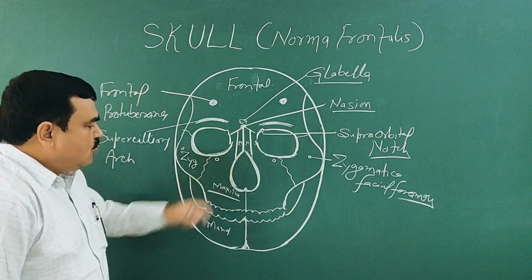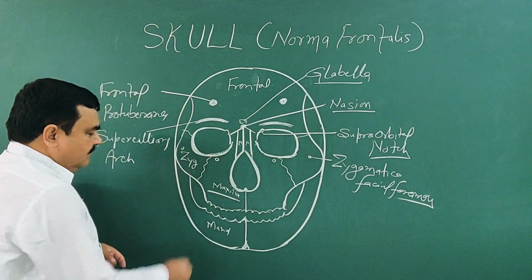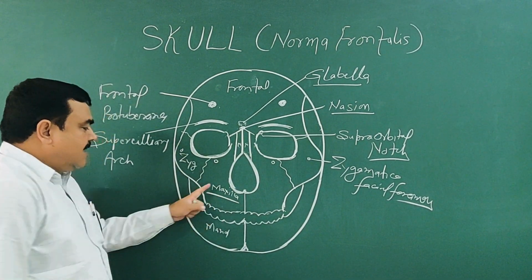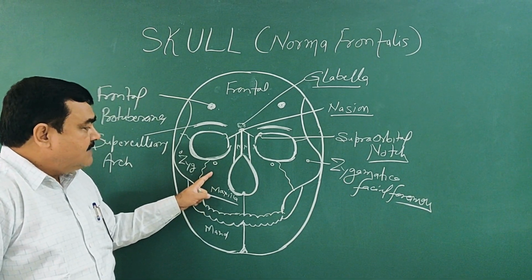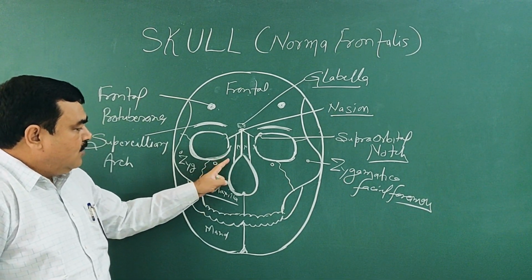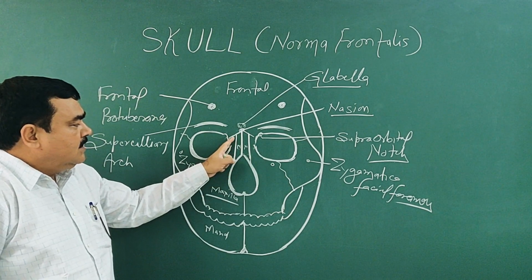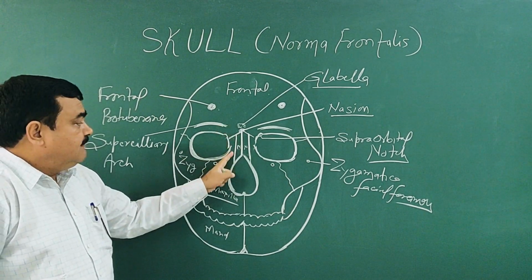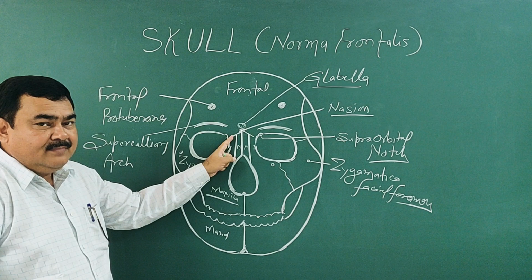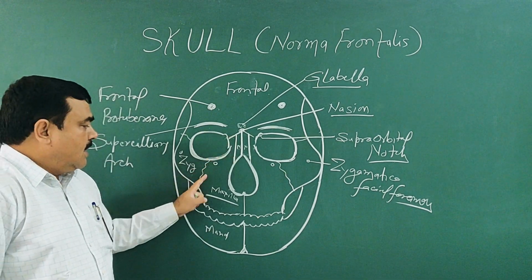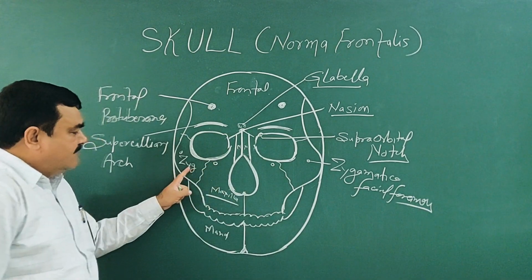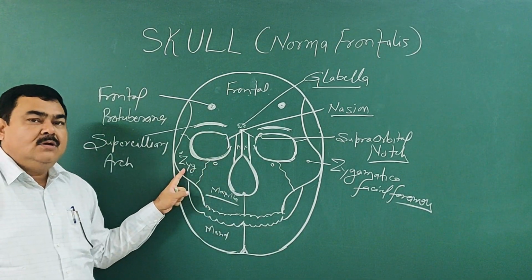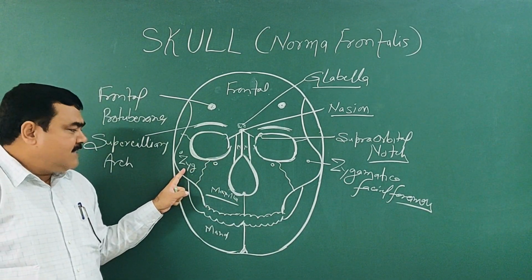If you move downward from here, you can see this is the maxilla. The maxilla has three processes. One process going upward towards the frontal bone is the frontal process of the maxilla. Here, this process goes towards the zygomatic bone: the zygomatic process of the maxilla.